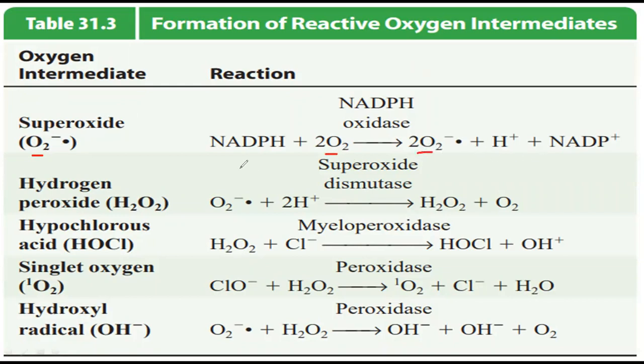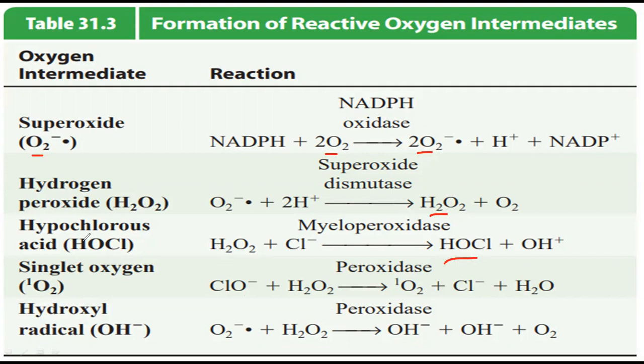It can also be converted into hydrogen peroxide, hypochlorous acid, and others such as singlet oxygen and hydroxyl radical. These are all very dangerous.